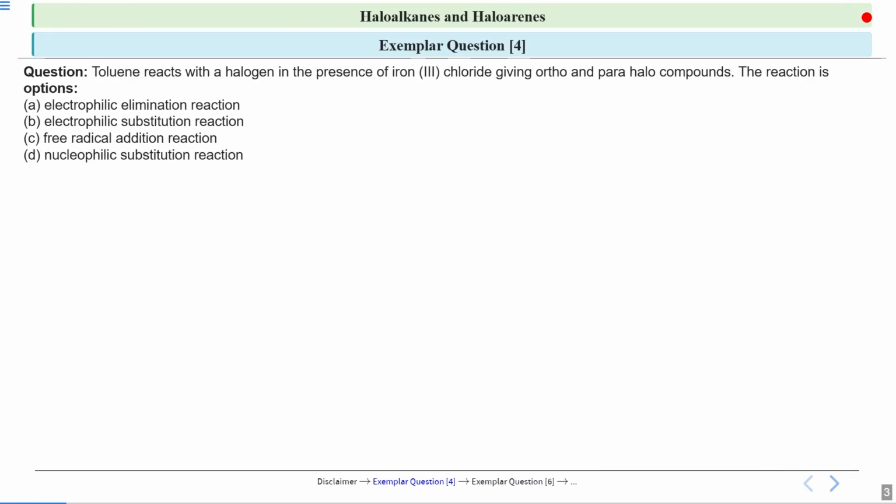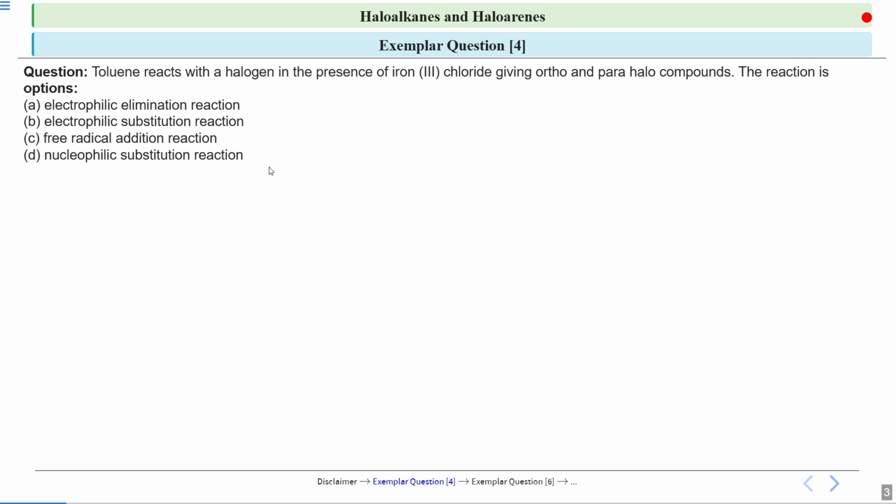So let's begin with our first question, exemplar question number 4. The question is: toluene reacts with halogen in presence of iron(III) chloride, giving ortho and para halogen compounds. You are given a reaction where toluene reacts with halogen in presence of iron chloride as a catalyst, and we get ortho and para substituted halogen compounds as products.